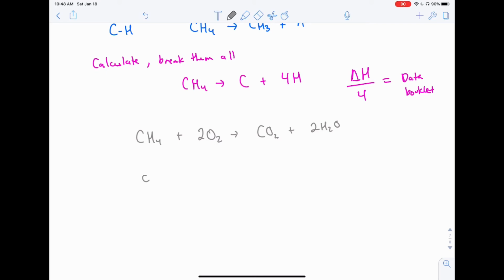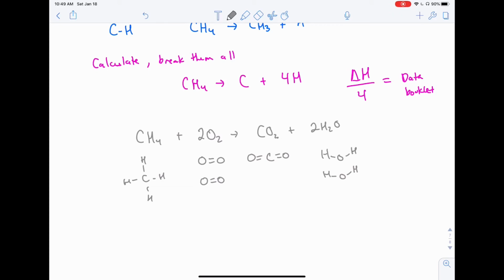So I say, okay, CH4 looks like this. O2 looks like this. CO2 looks like this. And H2O looks like this. And there's 2 H2Os, okay? Because what do students always get wrong?